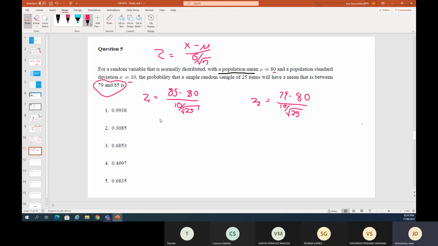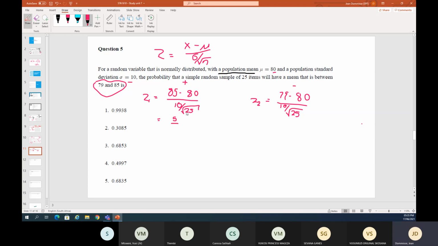So with this on the one side, what I now see is this is going to be a positive number, this is going to be a negative number. So when I draw it on the table, I will just nearly swap it around again. Okay, so 85 minus 80 is 5.